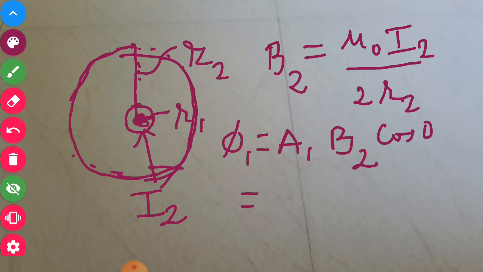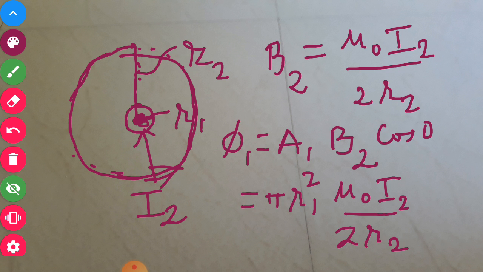The area of the small loop is pi r1 square into B2, which is mu 0 I2 upon 2 r2. According to our definition, mutual inductance is the flux of first divided by current of second, so phi 1 upon I2.